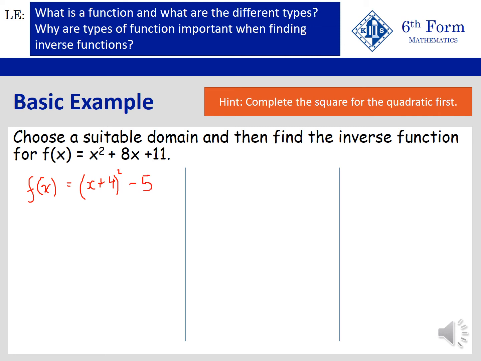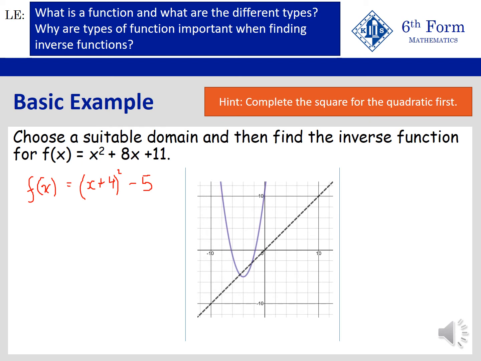And we can use this complete square form to sketch the curve, which would look something like this. So from what we talked about before, if we're going to restrict the domain, the vertex down here is the important point. And that vertex is going to have coordinates of -4, -5.